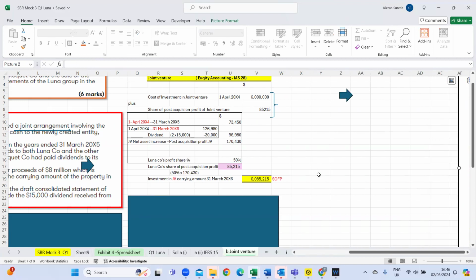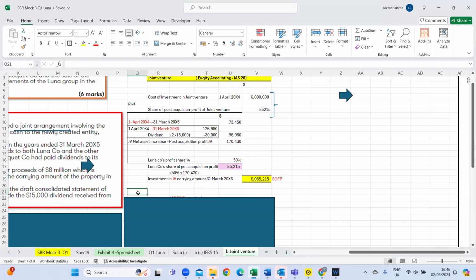If you want to know the profit share, remember I showed you two entries earlier, one on the balance sheet, then the profit and loss account. So if you just want to know what would happen to the profit and loss account, in the income statement, the profit or loss, we would have one line. What we would have here is the profit share.